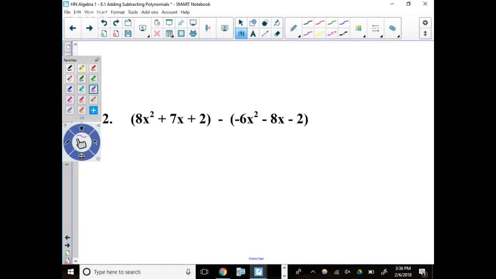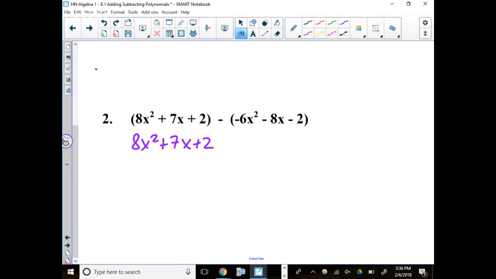All right, again, I would try this one on your own. Nothing to distribute, so I'm going to rewrite. And then, since we are subtracting, I do have a negative 1 and I'm going to distribute that. So we get plus 6x squared plus 8x plus 2.